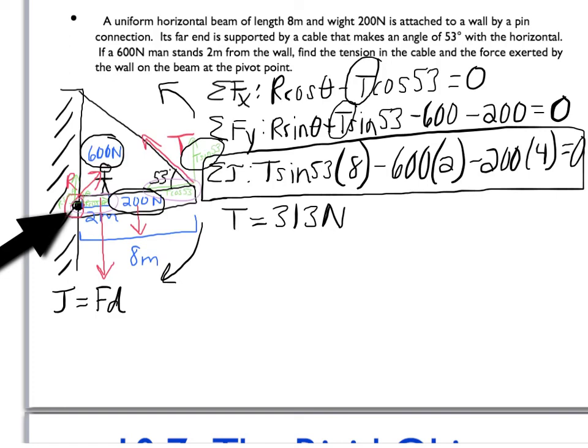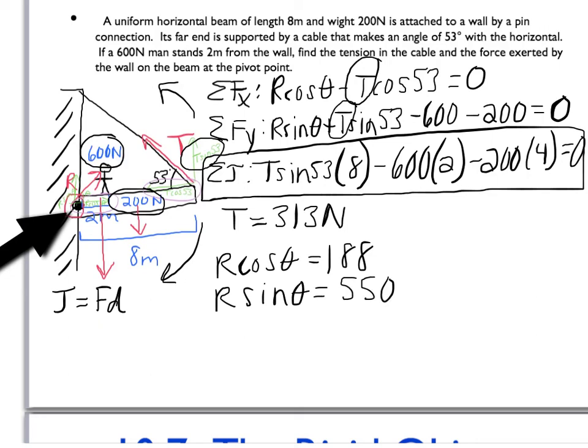meaning that we are left with two simplified equations where we would have our R cosine of theta equaling 188 when we plug in what T is equal to, and our R sine of theta equaling 550. Again, I got each of these numbers by simply plugging in T and simplifying these equations that I have here for the sum of the forces in the x and the y directions.